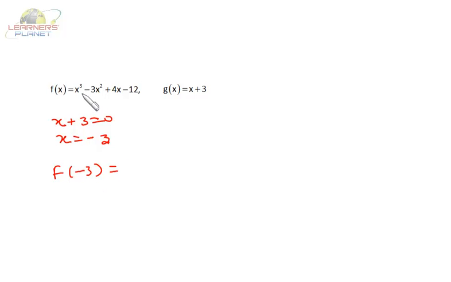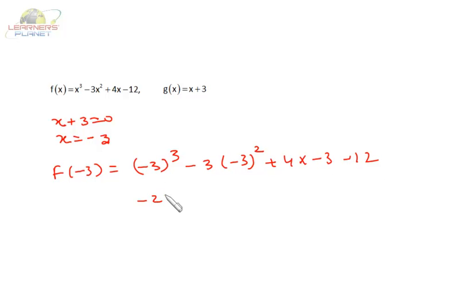So just put the value of x as minus 3. It's minus 3 cube minus 3 into minus 3 square plus 4 into minus 3 minus 12. So it's minus of 27. Then further it is minus of 27.